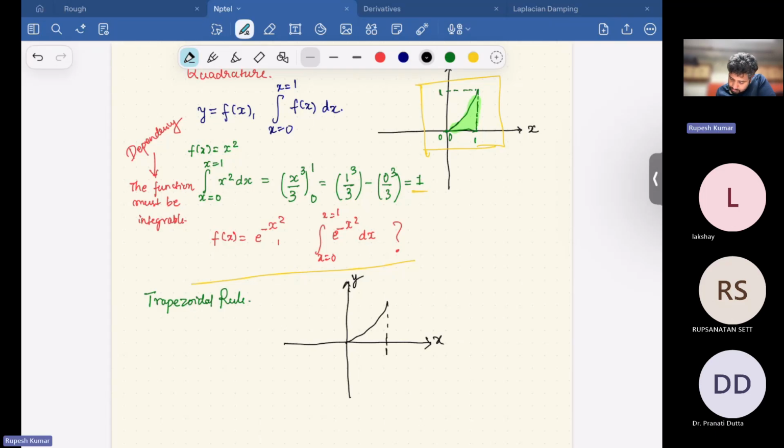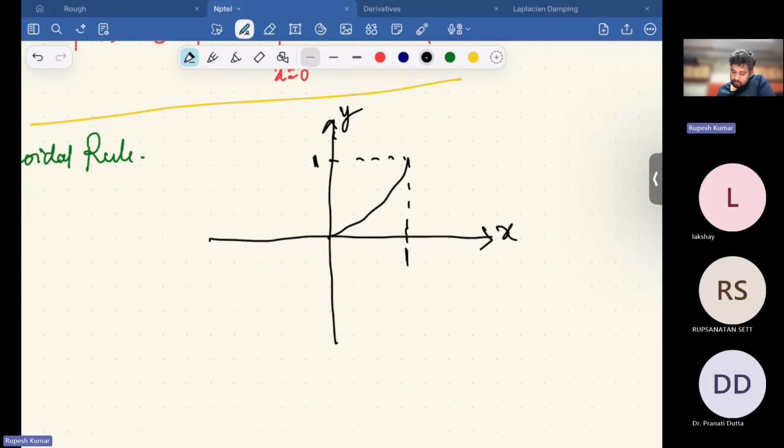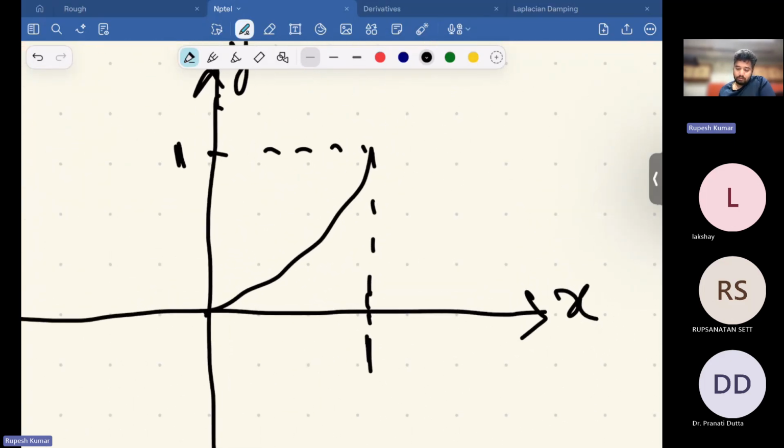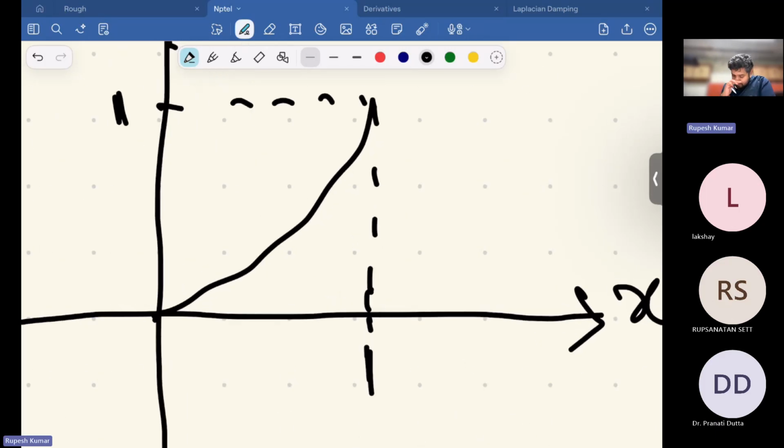This is x equals 1, y equals 1, and you want to find the area under the curve for this curve, right? So what you can do is you can split this curve into small segments.